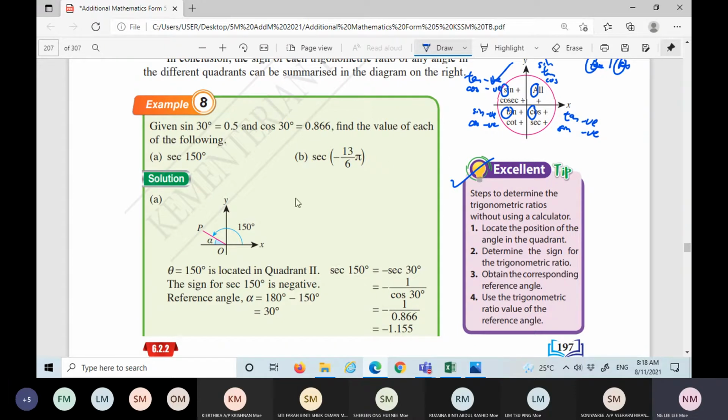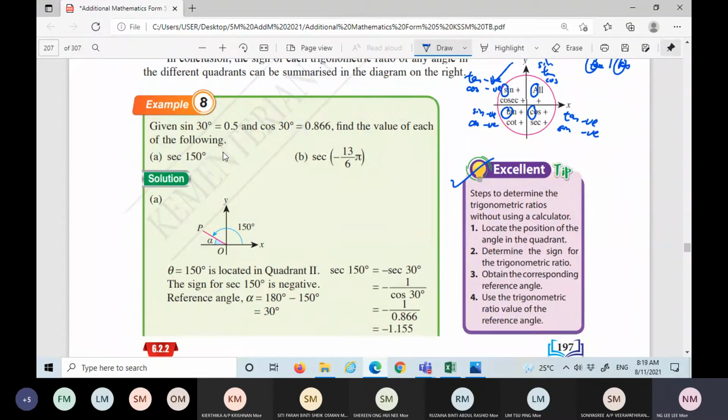It is given that sine 30 is 0.5, cos 30 is 0.866. You have to follow this 0.866 exactly, because if you use the calculator, there will be a slight difference, because this is an infinite decimal. Find the value of each of the following. They want secant 150. Before that, all these are changed to the reciprocal.